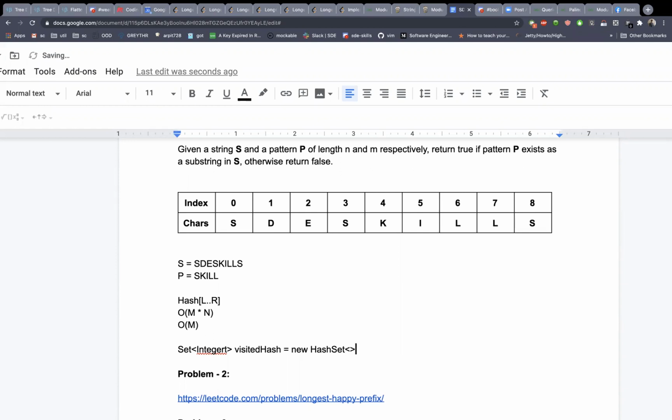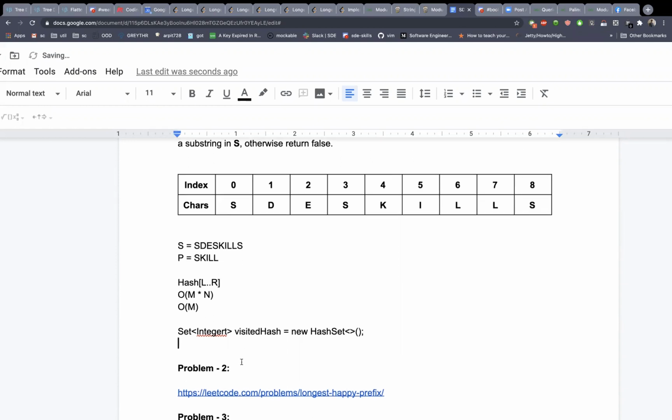We start from the start of the index, and we know that the length of our pattern is always fixed, which is 5 in this case. As soon as we reach the first 5 characters, the hash that we have calculated, we simply store it into the hash set.